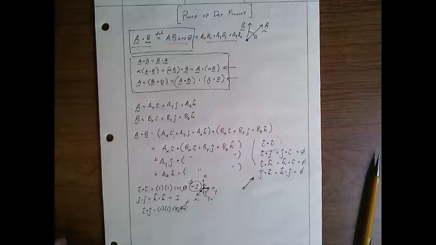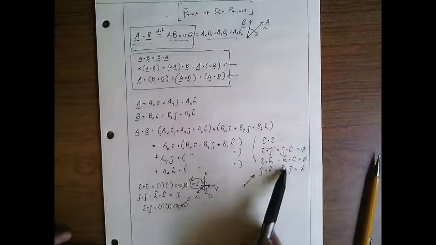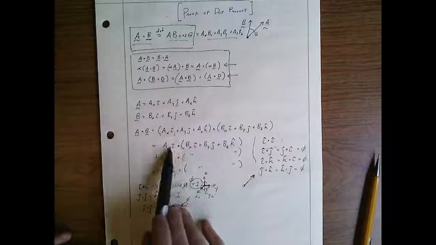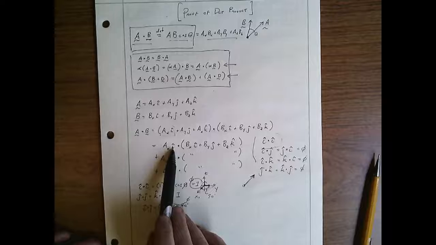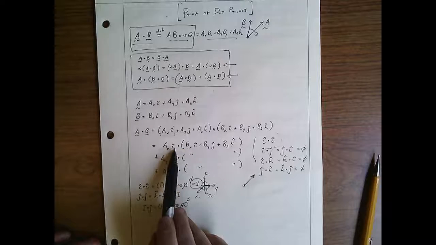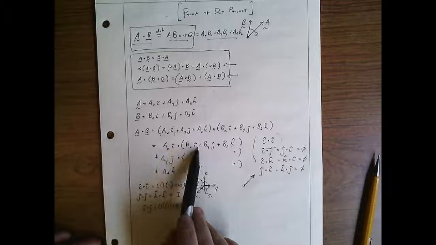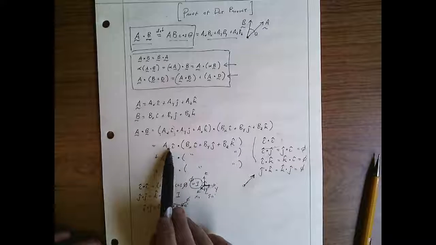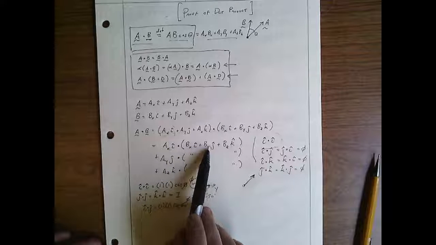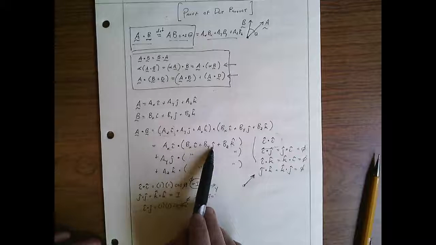So you can kind of see where we're going here. If we apply what we know, every time you've got a component dotted with itself, AX I hat dotted with BX I hat, I hat dot I hat is going to be 1. That leaves AX BX. Then AX I hat with BY J hat, I hat dot J hat is going to be 0.